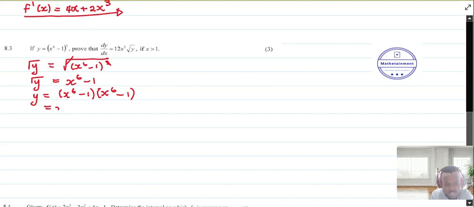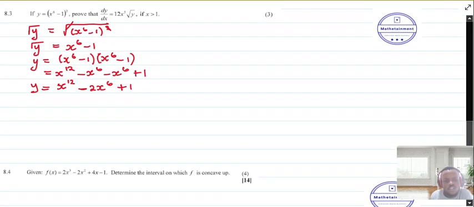So you end up having x to the power of 6 plus 6, which is 12. Then x to the power of 6 multiplied by minus 1 becomes minus x to the power of 6, and then you also have minus x to the power of 6. So it becomes minus x to the power of 6 minus x to the power of 6. Minus 1 times minus 1 becomes plus 1. So here we have x to the power of 12. These two give you minus 2x to the power of 6 plus 1, which is y.